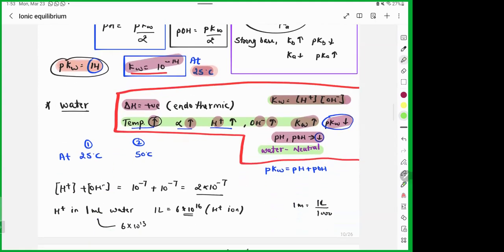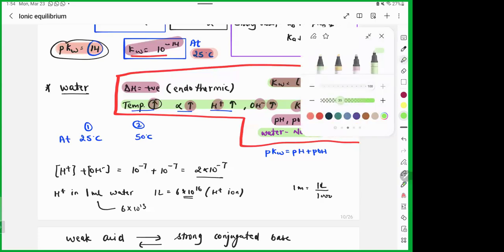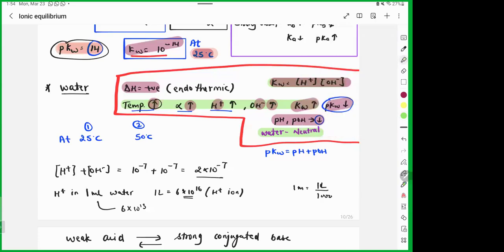Then in the case of water, it is an endothermic process, and when you increase temperature, the degree of dissociation will increase. When the degree of dissociation increases, H positive increases. Why? Because H positive concentration is equal to C alpha. Increase in alpha, H positive will also increase. OH negative concentration is also equal to C alpha.